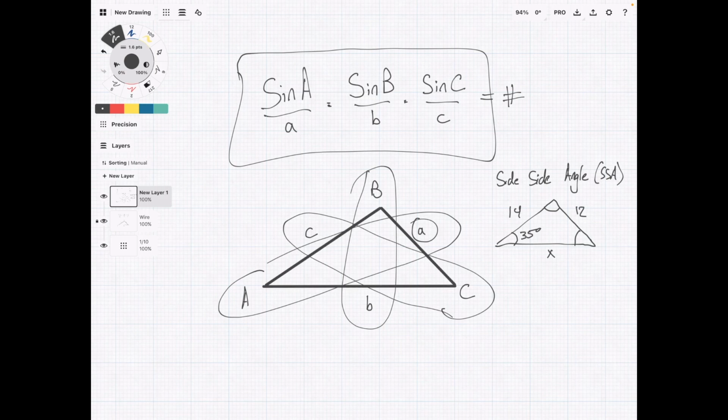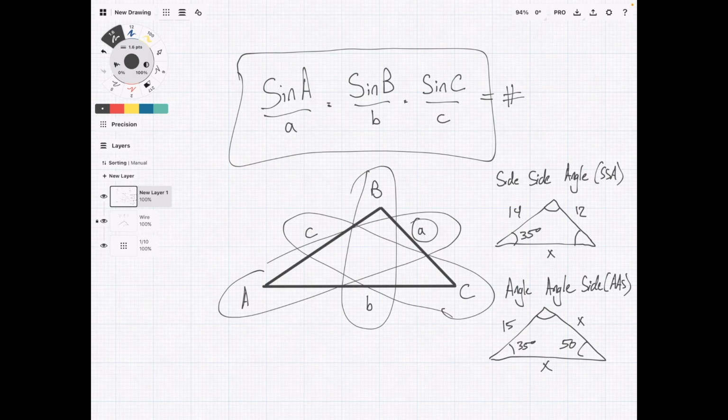The second type of problem was an angle-angle-side problem, where, as the name suggests, you're given two of the angles and one of the sides, and then you need to find the missing angle as well as the other two sides.